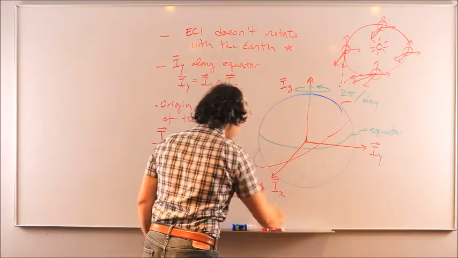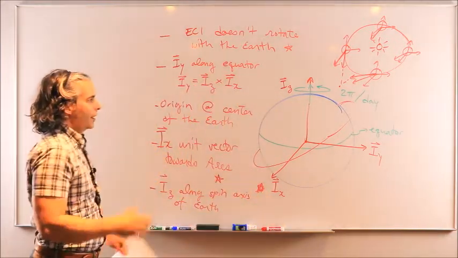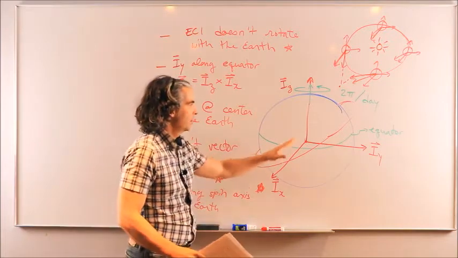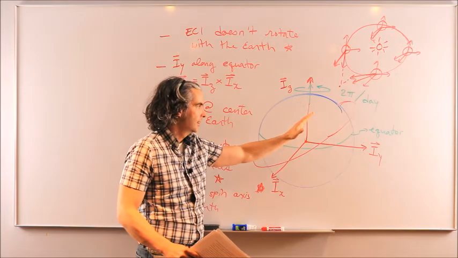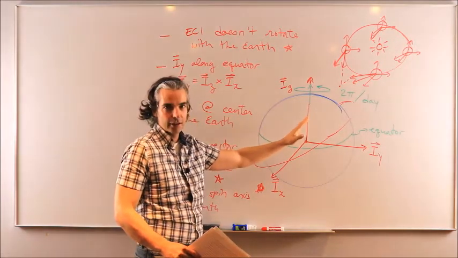So this is the inertial reference frame from which we will measure the orientation of the orbit, its alignment, and things like that, okay?